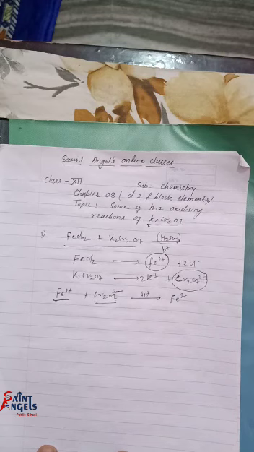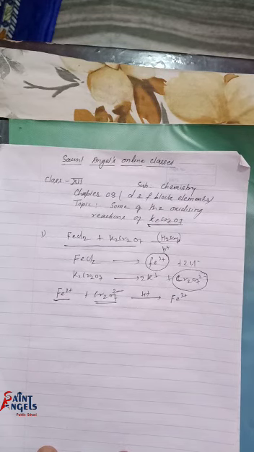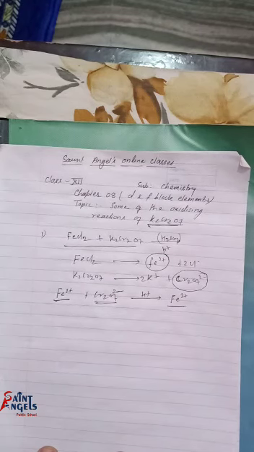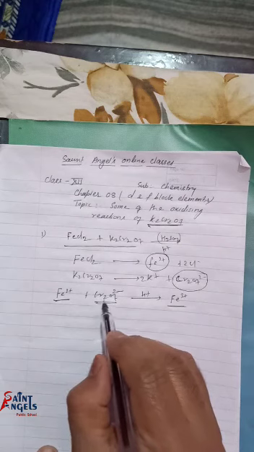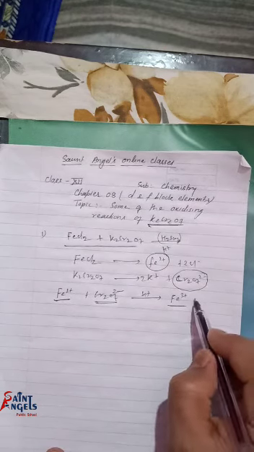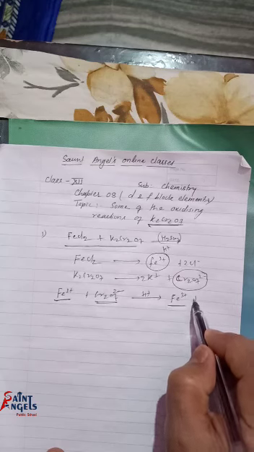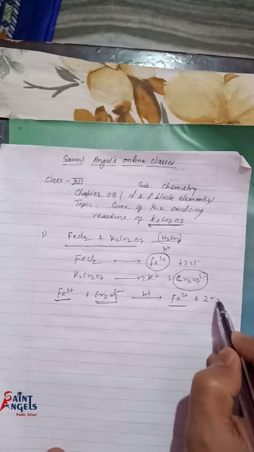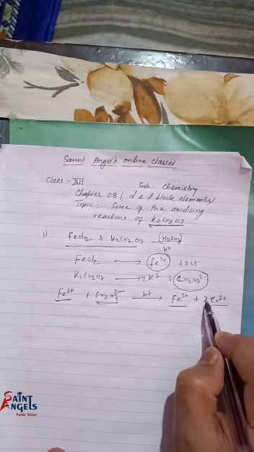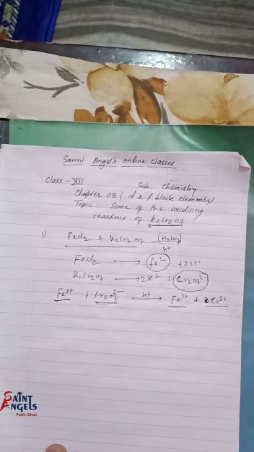Means ferrous salt will change into ferric salt, and this Cr2O7 2- will be reduced and form Cr3+ ions.